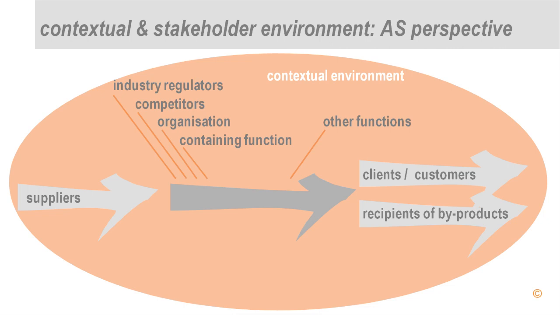Then we have stakeholders in the inner environment. Those are the individual members and teams that are part of the activity system that I look at. And the activity system management represents the activity system itself. So that is the level of the self.